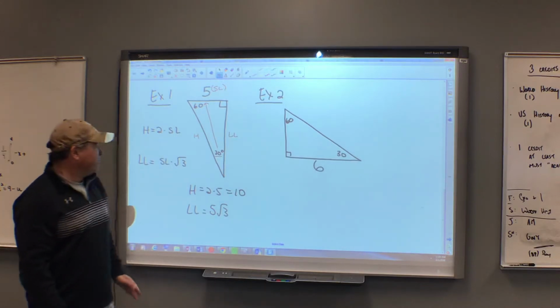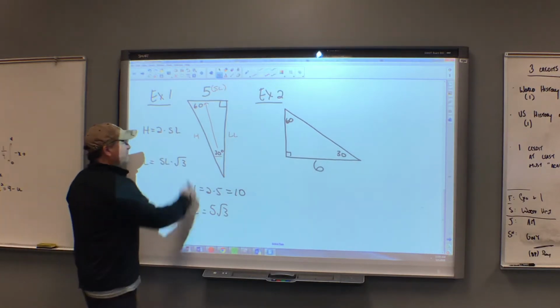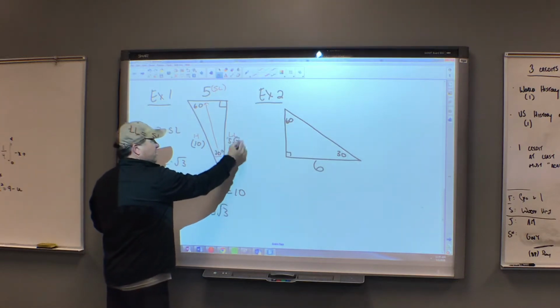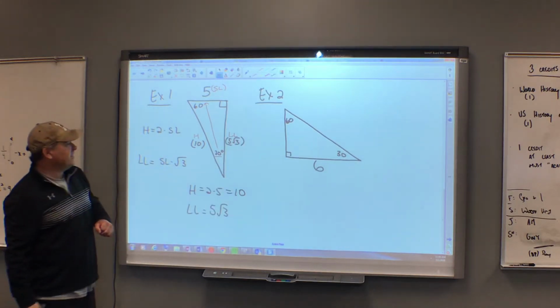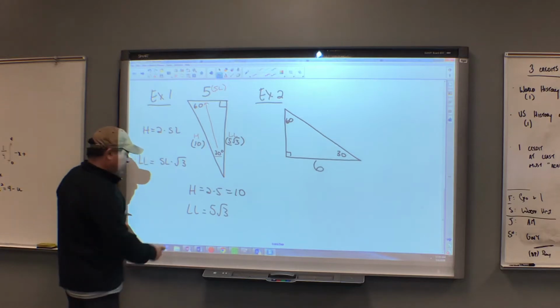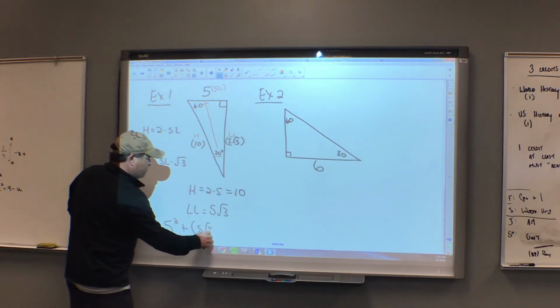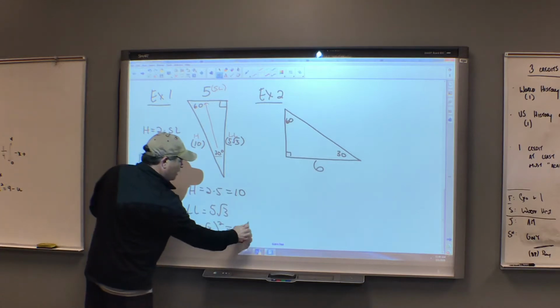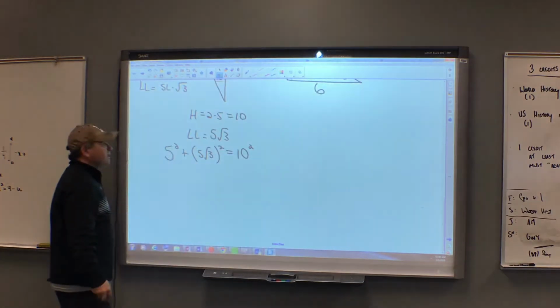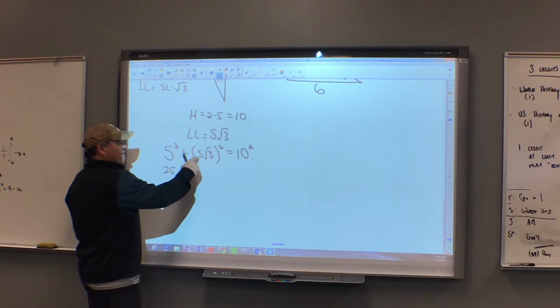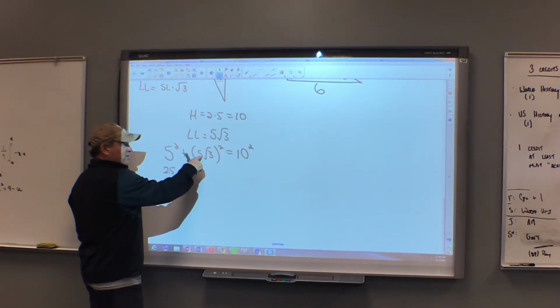Okay, and if we were to go into the Pythagorean theorem, we see that's 10. We've got this as 5 root 3. If we put these all into the Pythagorean theorem for a quick double check, 5 squared plus 5 root 3 squared, does it equal 10 squared? Well, we can do this really quickly. 5 squared is 25. 5 root 3 squared, well, we're going to square the 5.